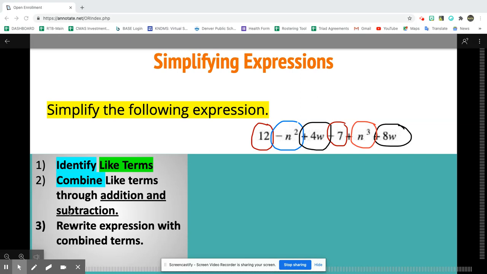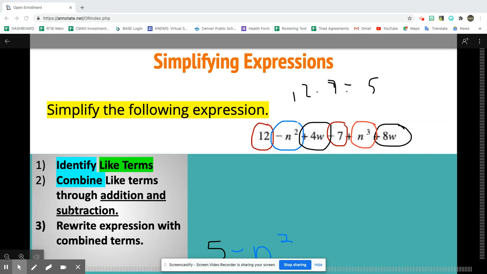I'm going to go ahead and combine it. So I have 12 minus 7. So 12 minus 7, that's going to give me 5. Then I want to combine, well, I can't combine my n squared, so that's going to stay the same.